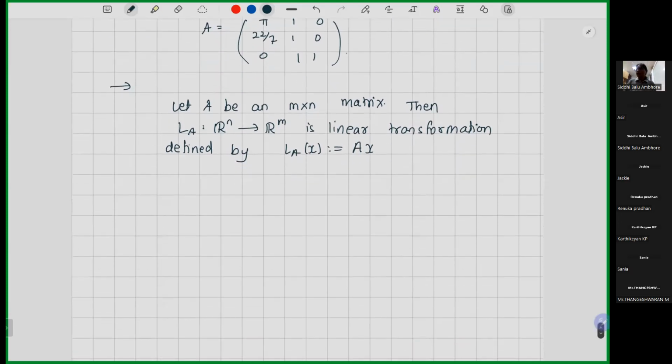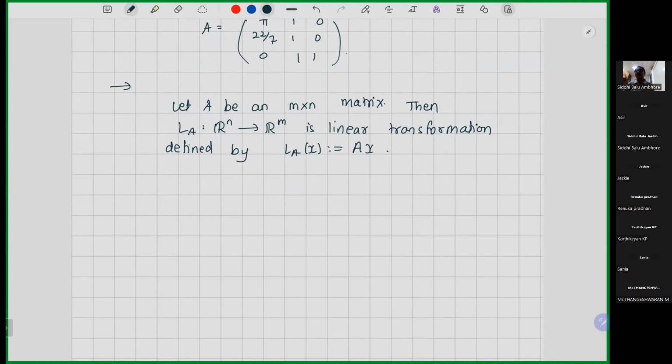Okay, and this is a linear transformation, and we have explicitly proved in one of the previous classes that this is a linear transformation.